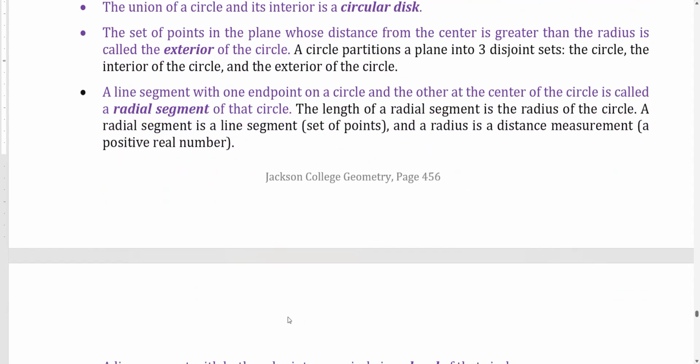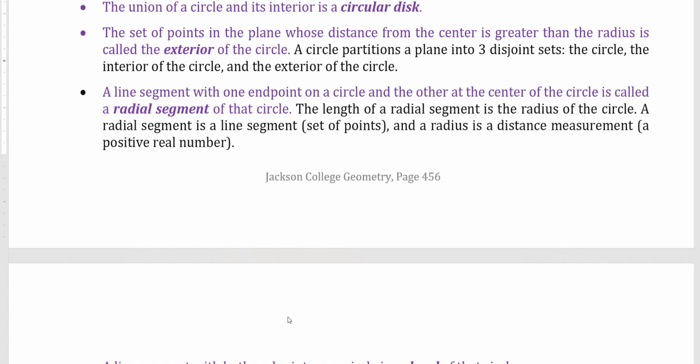A line segment with one endpoint on a circle and the other at the center of the circle is called a radial segment of that circle. The length of the radial segment is called the radius of the circle. A radial segment is a line segment, a set of points, and the radius is a distance measurement, a positive real number. Some people use the word radius as double duty, both as the line segment, or what I'm calling a radial segment, and as a number, its length.